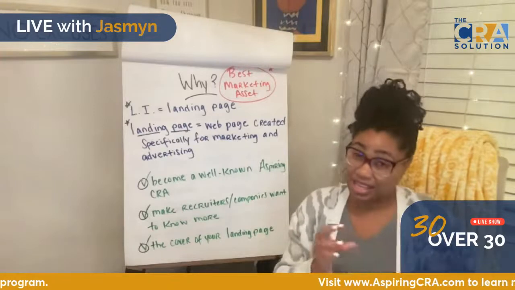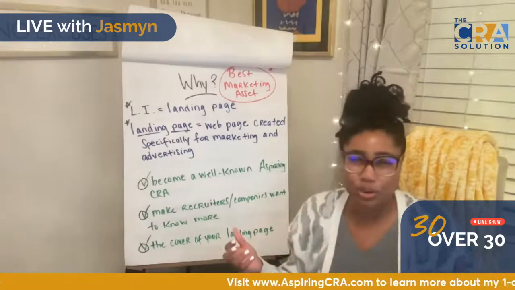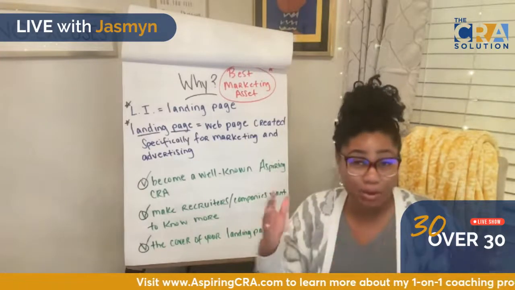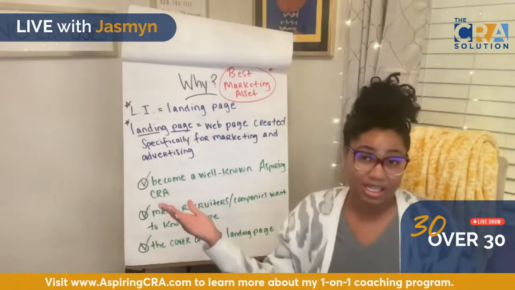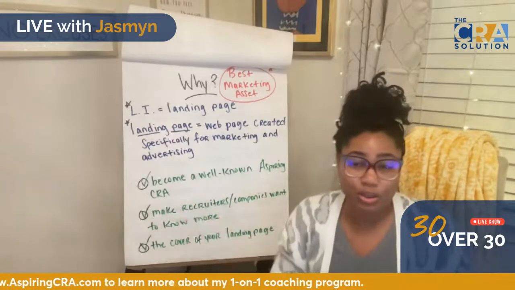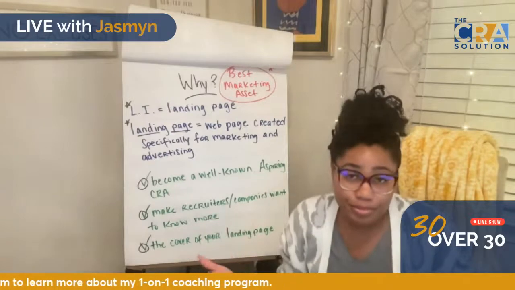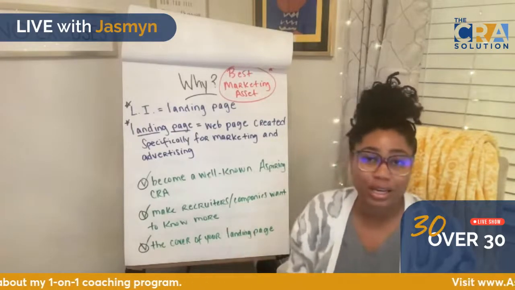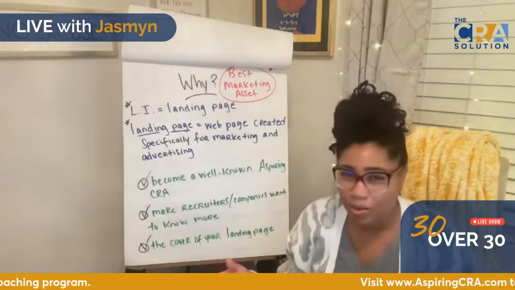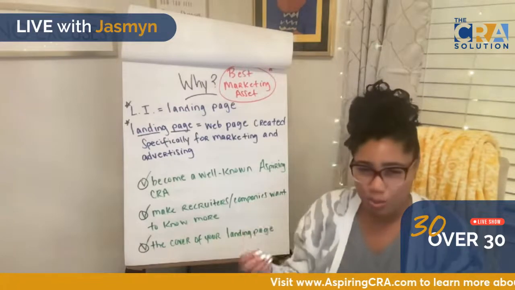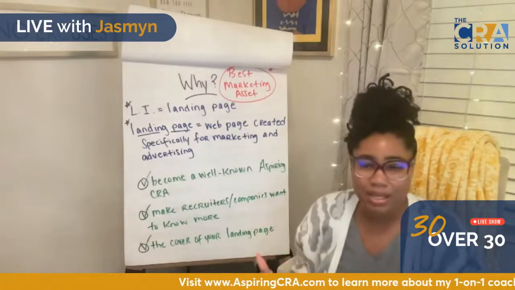There was that same address, but you weren't really sure. And then there was a building with multiple units, A, B, C, and D, right? So you don't have a clue who's who. You don't have a clue if this is really where I'm supposed to be. Is this really the business that I'm looking for?